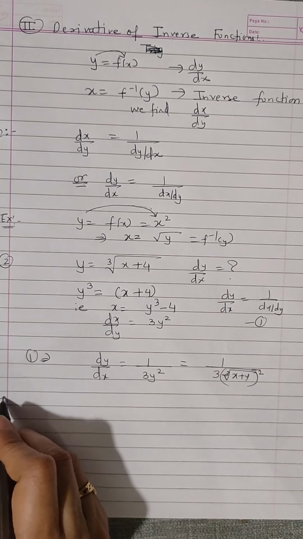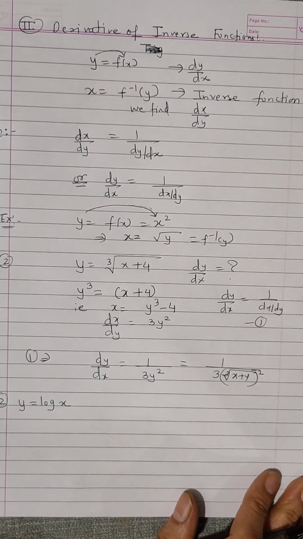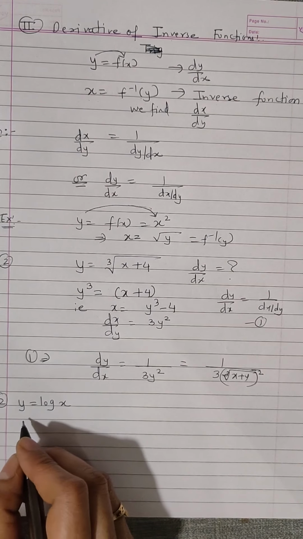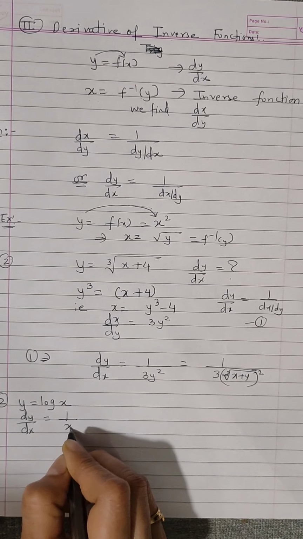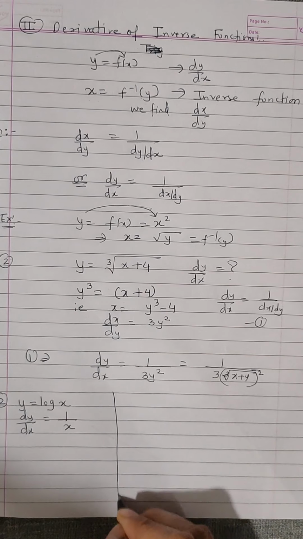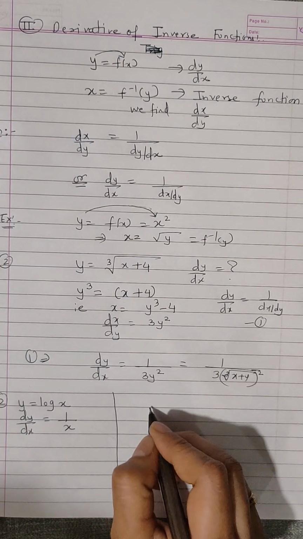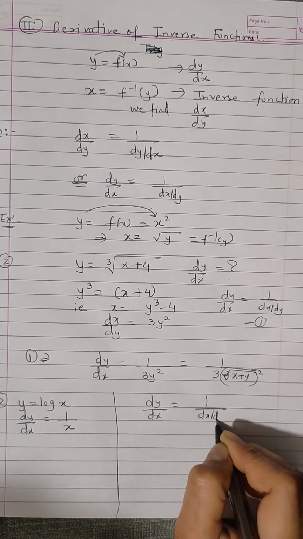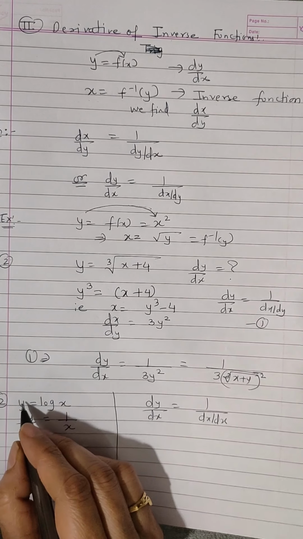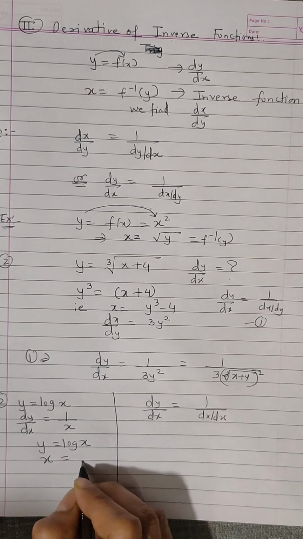Now let us take a simple example, y equal to log x. What is the differentiation of log x? It is nothing but 1 by x. Now we find the differentiation of y using the inverse function. We know dy by dx is 1 upon dx by dy, so we convert: if y equal to log x, then x is e to the power y, converting log into exponential. Now the derivative of x with respect to y: the derivative of the exponential function is itself, so it is e to the power y.